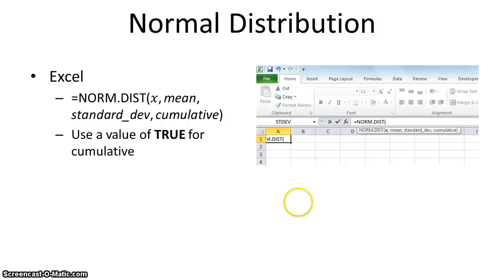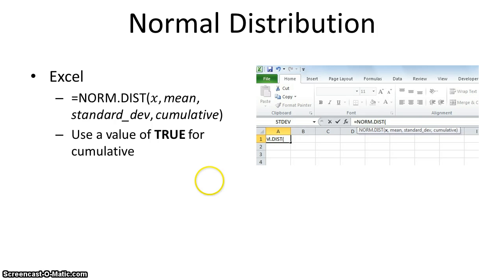And this is going to be using the function NORM.DIST, for normal distribution. And the arguments will be the right cutoff value, the mean of your distribution, the standard deviation of your distribution, and this argument for cumulative. Now, because we do want the cumulative area from the left, we are going to specify a value of true for this argument asking whether or not we want the cumulative area.